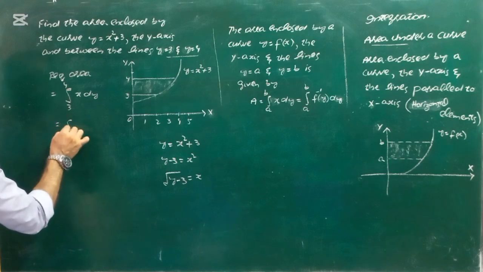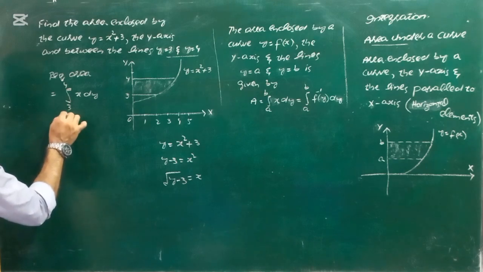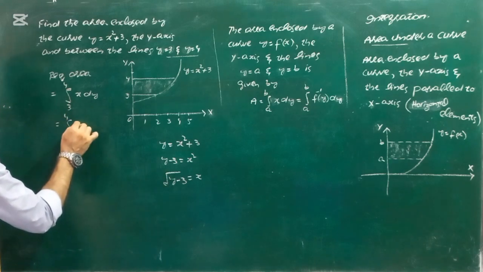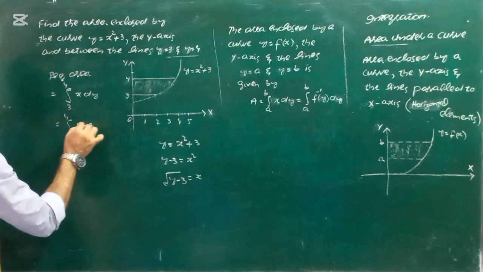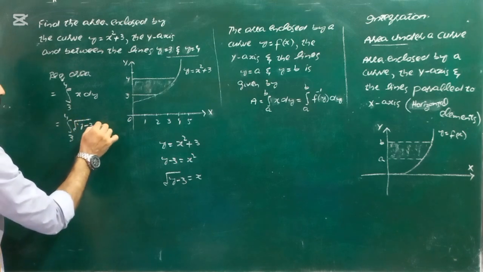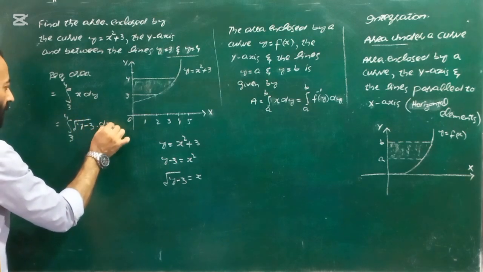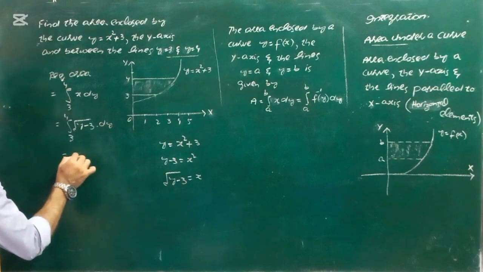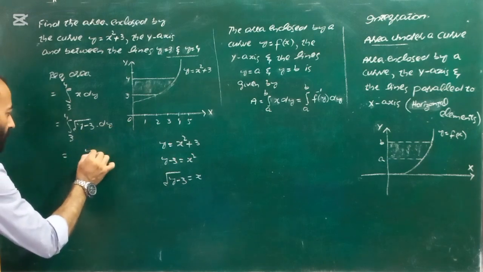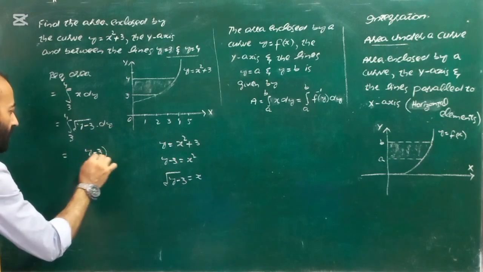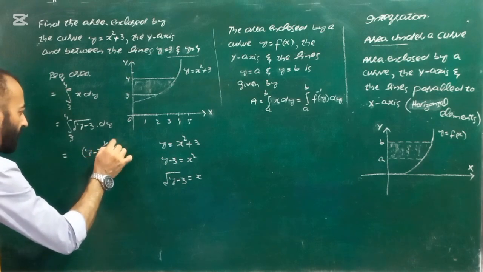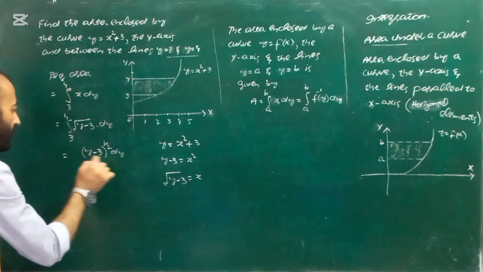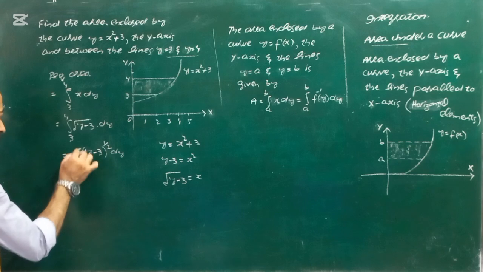So look now, the limit is 3 to 4, square root of y minus 3 into dy. So the power of the square root is 1 by 2. All the things will remain as it is.